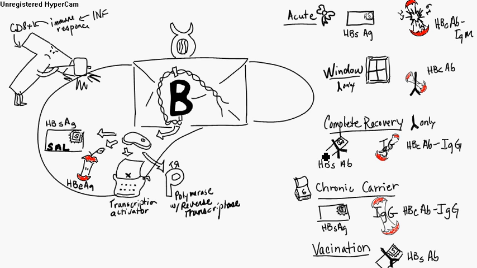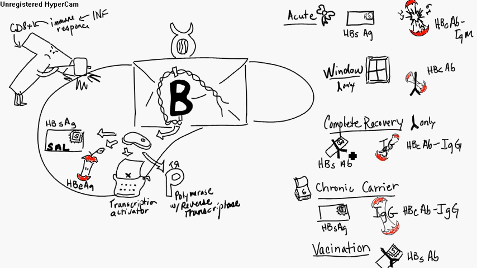A complete recovery, you're going to show the surface antibody, HBs antibody, the antibody to the envelope. You're also going to show the antibody of the IgG type, and that's why you know it's a complete recovery, because after 6 months or longer, it changes from IgM to IgG.